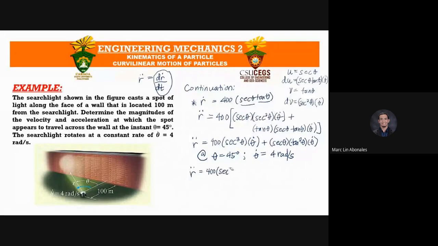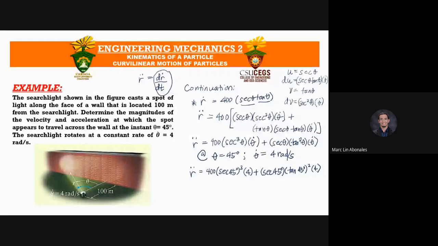Sometimes when we write that kung naay exponent, so secant 45 degrees cube, meaning after niyo pag-determine sa iyahang secant sa 45 degrees, i-cube na po nimo times the angular velocity na 4 plus secant 45 degrees times tangent 45 degrees squared times 4.